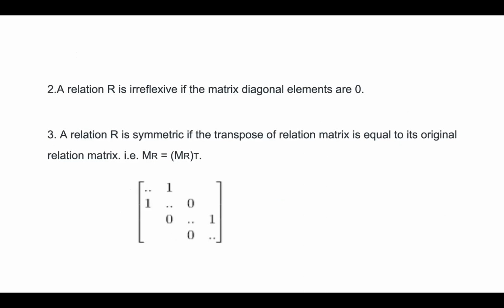Now, what is the transpose? Anybody of you know? Transpose of a matrix is interchanging rows and columns. Whichever rows are there, those are written in terms of columns. That is called the transpose of a matrix.